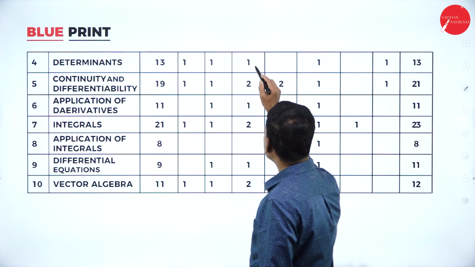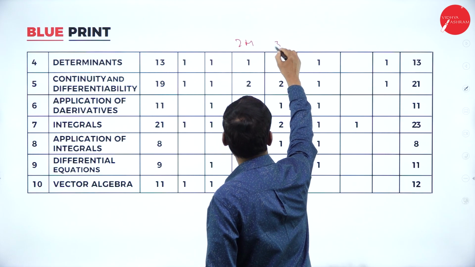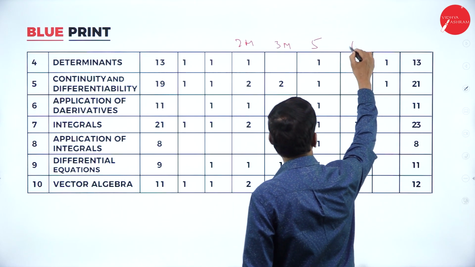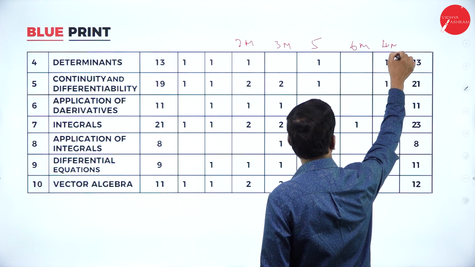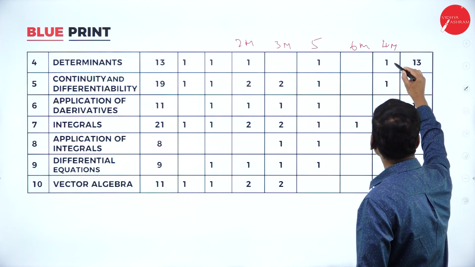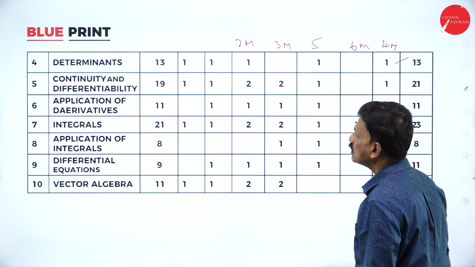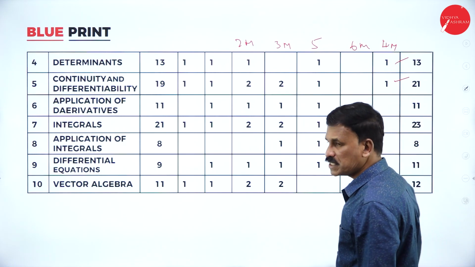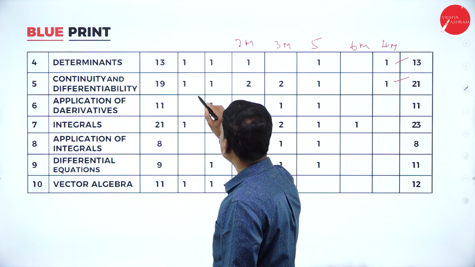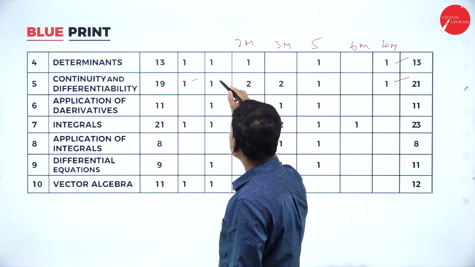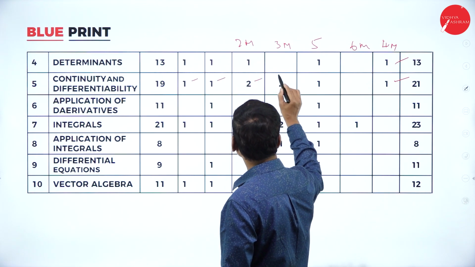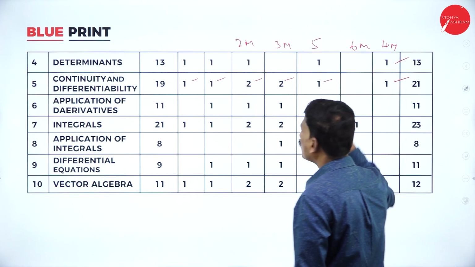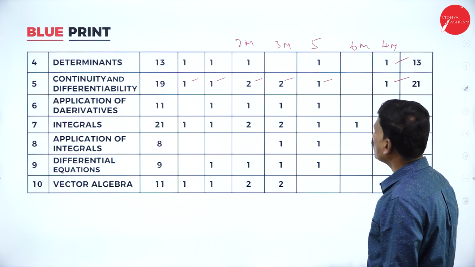This is 2 marks question, 2 marker, 3 marker, 5 marks, 6 marks and 4 marker. One 4 marker question is from properties of a determinant. Even in continuity you will have one 4 mark question, that is finding the value of k. So in continuity and differentiability, one MCQ, one short answer question, 2 marks 2 questions, 3 marks 2 questions, 5 marks 1 question and one 4 mark question.